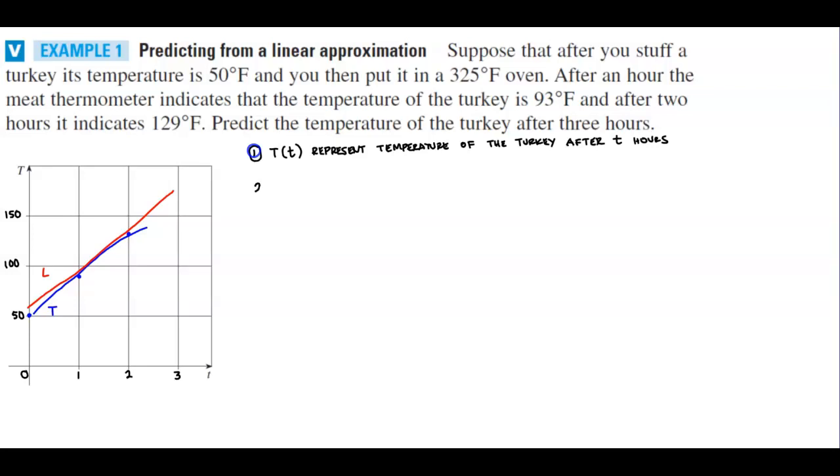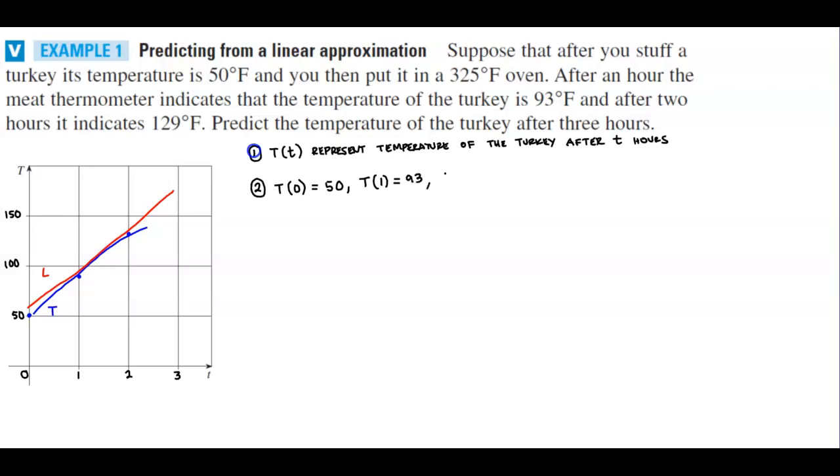So what are we given? We know that T of 0, when time is 0, the temperature of the turkey is 50 degrees. We know the temperature at 1 hour, the turkey is 93 degrees.